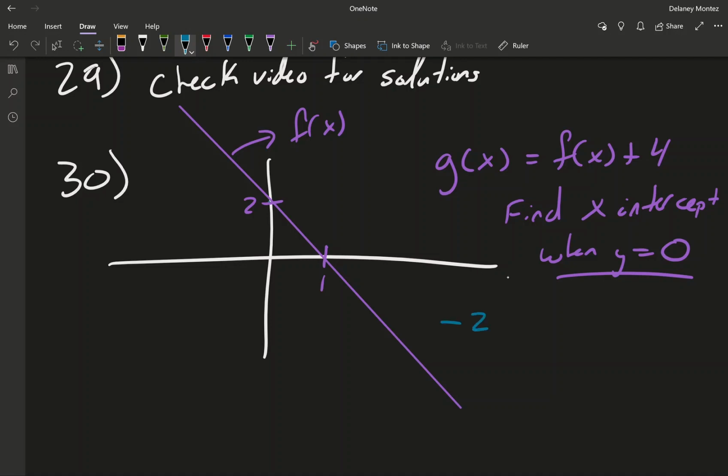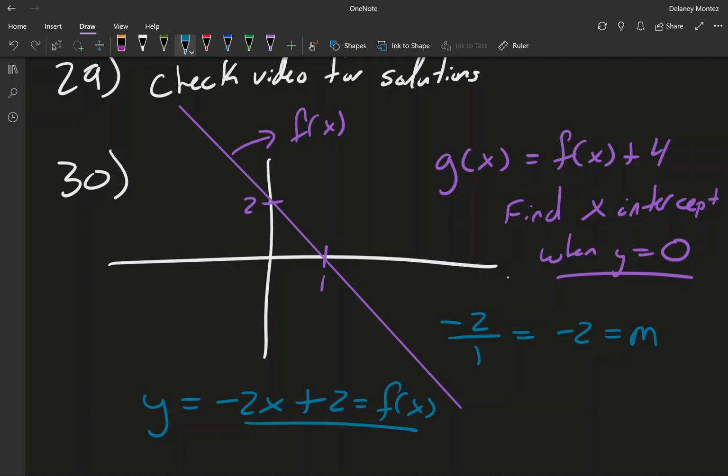So the slope is -2 over 1, or just m equals -2. So we have y equals -2x plus b. Our b is just our y-intercept, and we know what that is, because when x is 0, we get 2. So in fact, we have the entire function here. This is f of x.